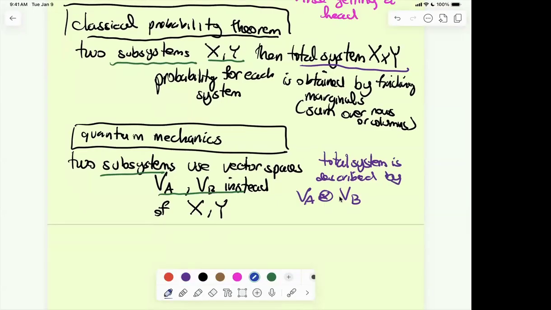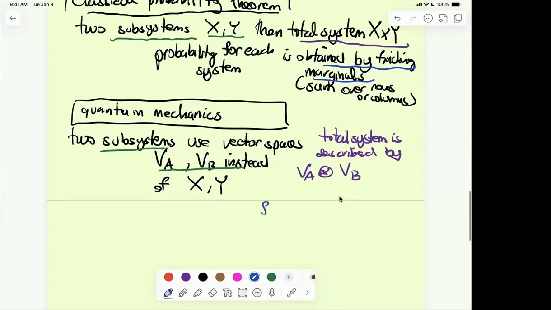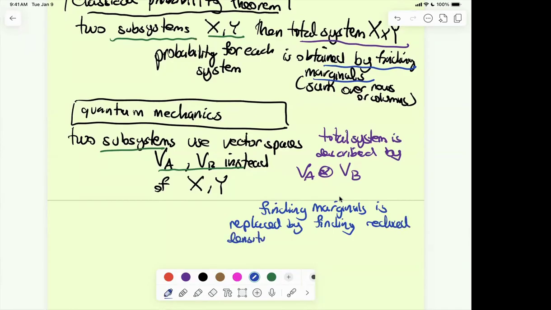That is the name you give to it, or the reduced state, if you want.